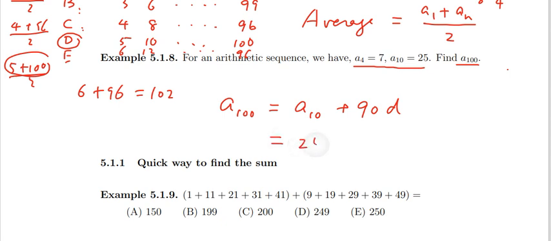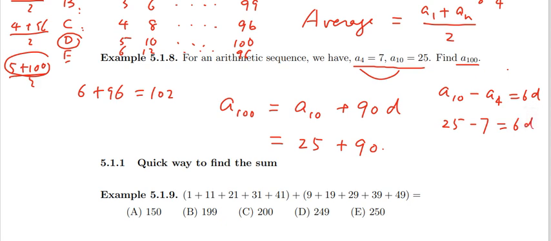A10 minus A4 equals 6d, so 25 minus 7 equals 6d. So d is just this divided by 6: 25 minus 7 is 18, 18 over 6 equals 3. So A100 is 25 plus 90 times 3. d equals 3.